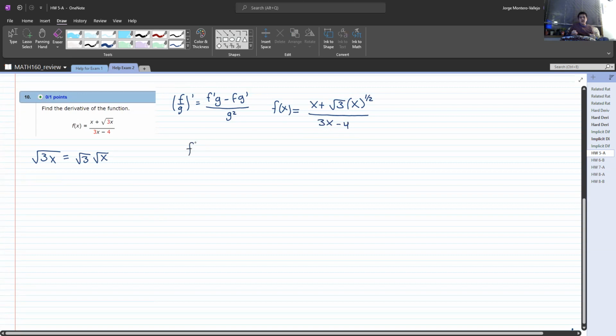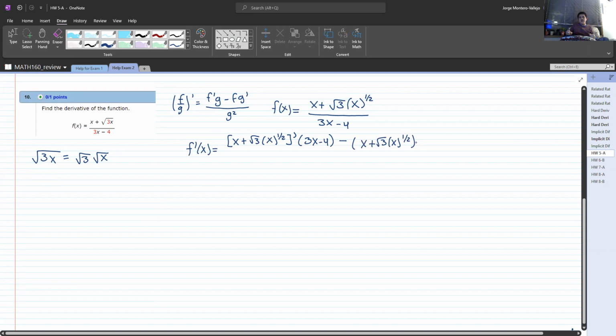Okay, so then let's go ahead and do the derivative. We have to do the derivative of the top function, which is this, right? So x plus square root of 3 times x raised to 1/2, derivative of that, times second one untouched. So there it is, minus first one untouched, times second one differentiated.